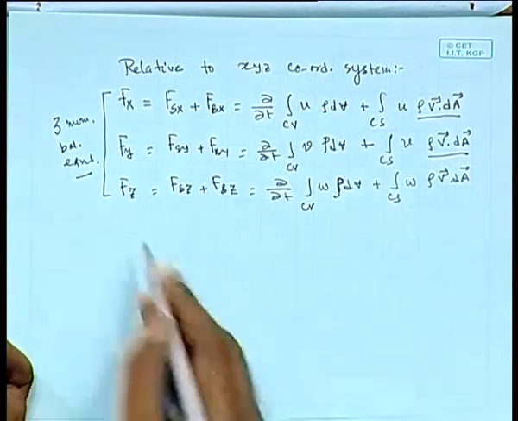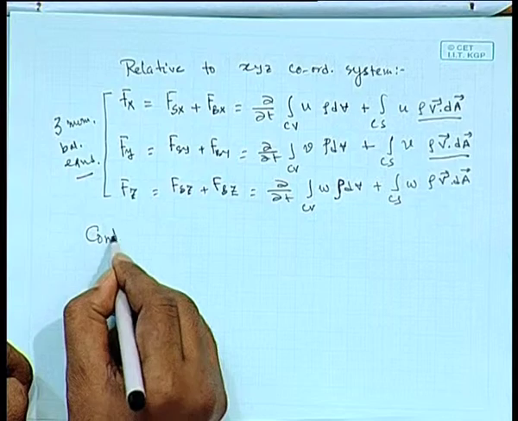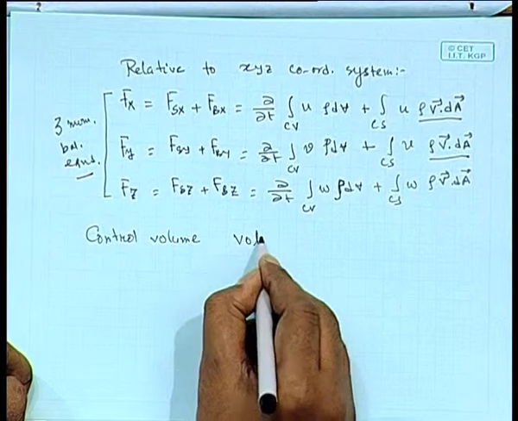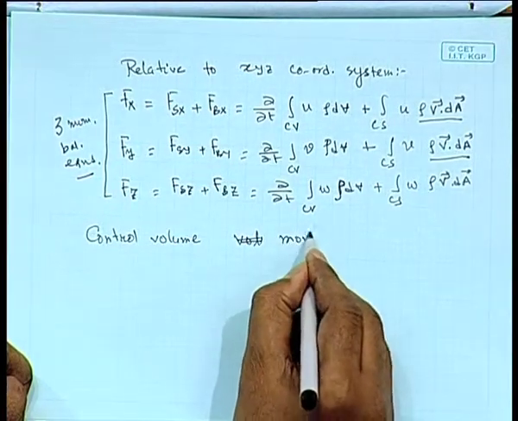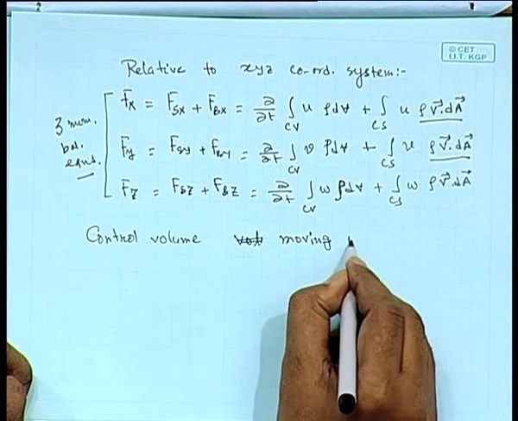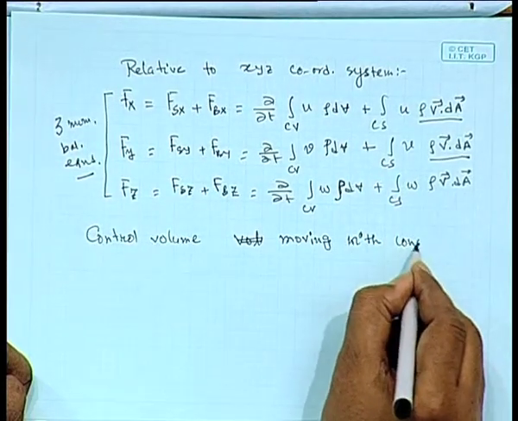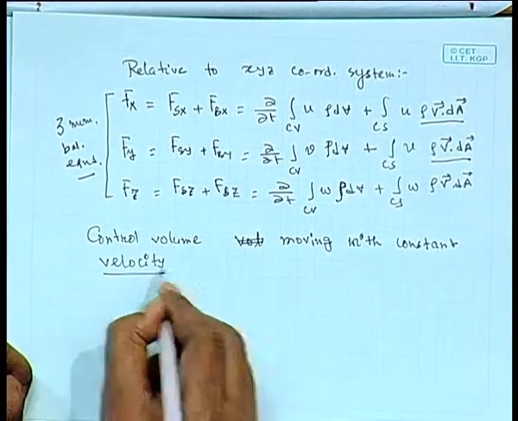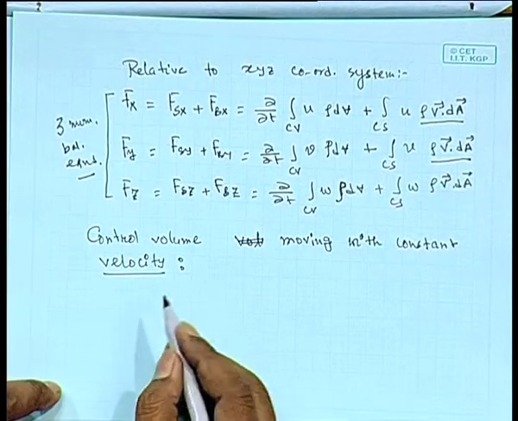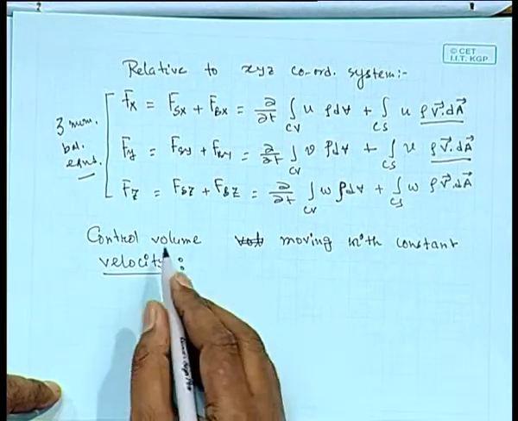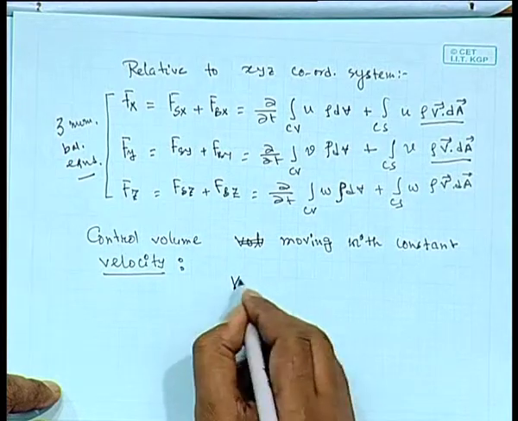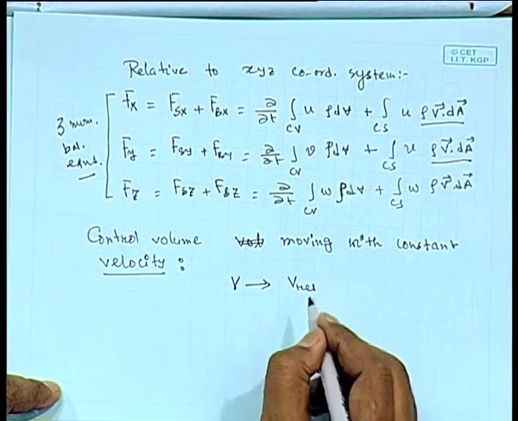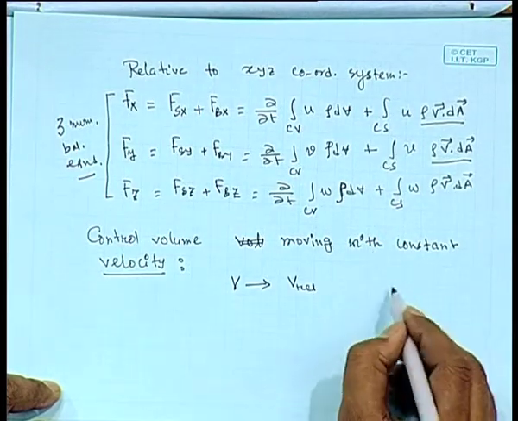Now, this is quite simple. Next, we look into the control volume moving with a constant velocity. All the velocity components can be replaced by the relative velocity components. Relative means with respect to your coordinates.